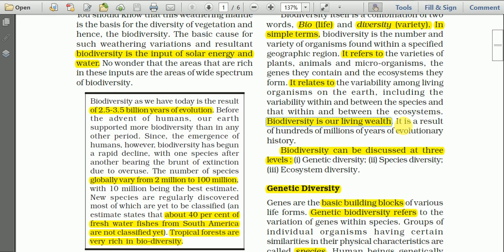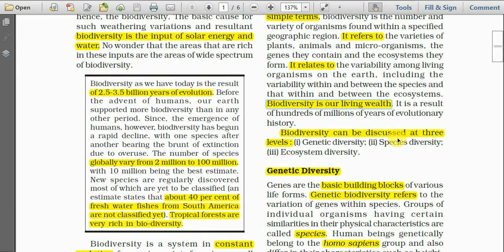Variability may be found in an ecosystem, or it may be found between two ecosystems also. And you must know that this biodiversity is the result of evolution.